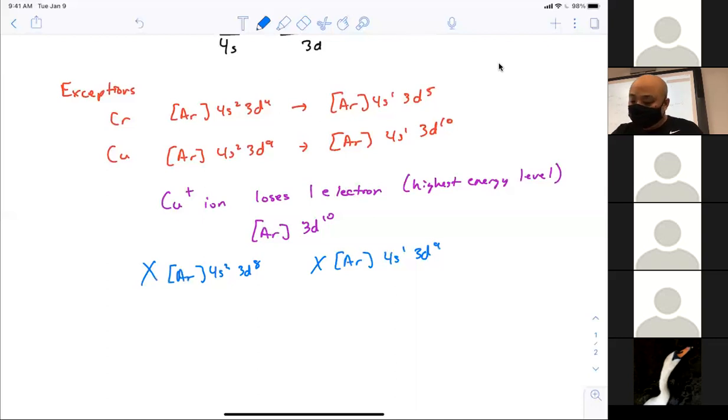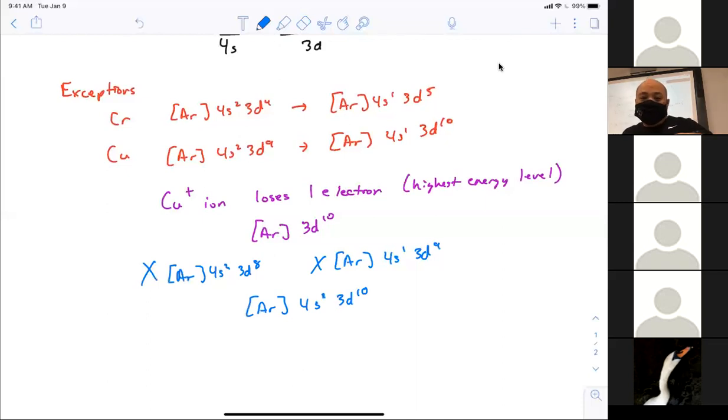And then some other students will just write copper's configuration because they won't see the charge, and they'll see something like that, 4s1 3d10. And so again, the IB is all about asking questions that are more involved than very basic recall questions, because they don't want to reward students that are just memorizing stuff. They want to reward students that are understanding.